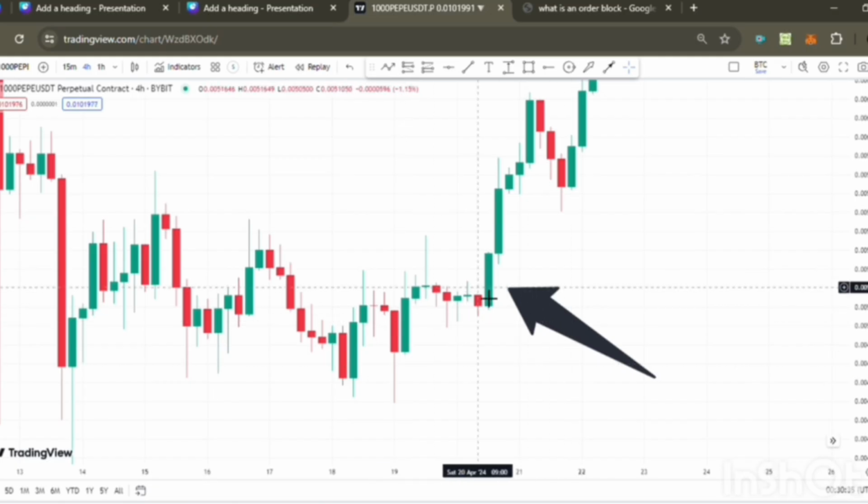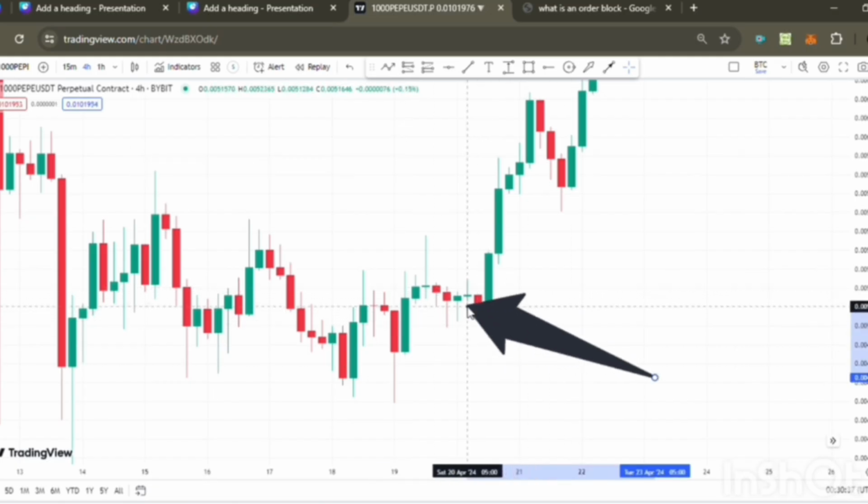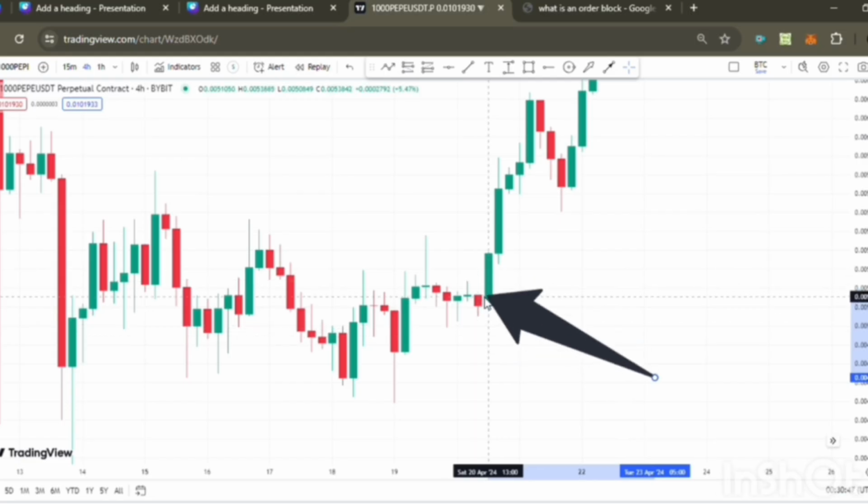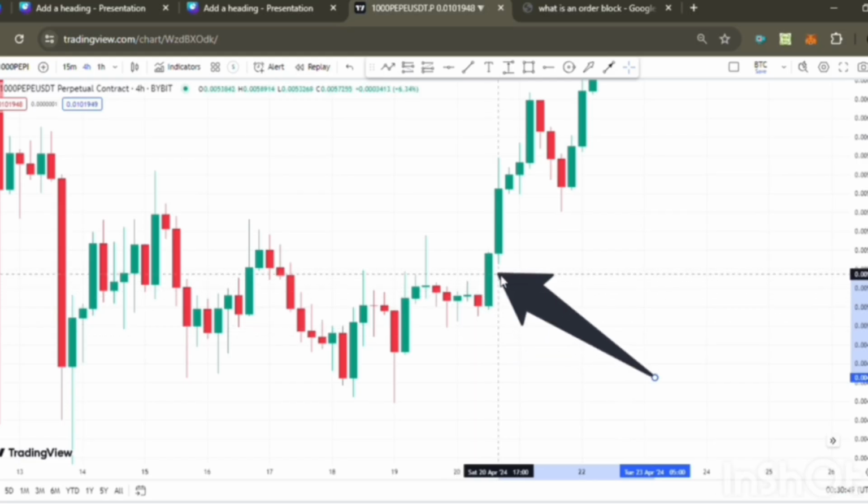Now the market must leave inefficiency behind. After this bearish candle was formed, the market started going up, and when it started going up, it left inefficiency in the market, which makes the market imbalanced. Now this is the inefficiency.